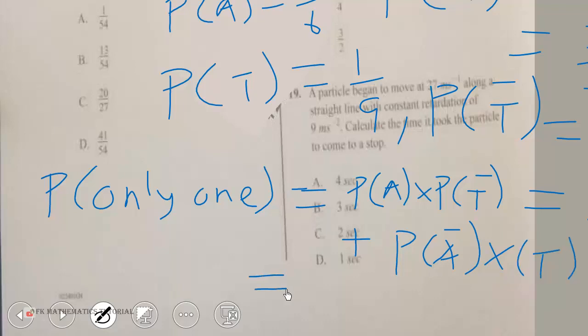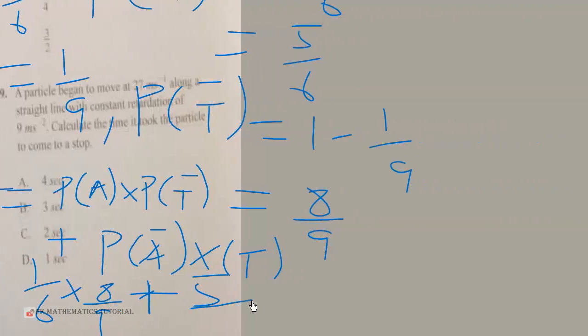So that will give us probability of A, which is 1/6, times probability of T complement, which is 8/9, plus probability of A prime, which is 5/6, times probability of T, which is 1/9.